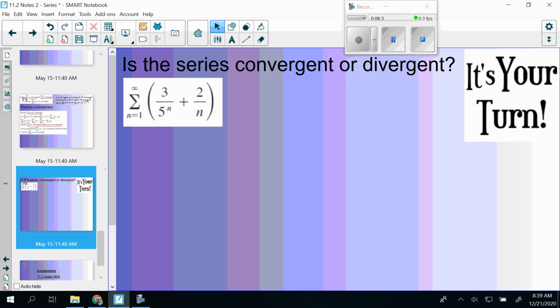Let's look at this one. Is the sum of this series convergent, or is it going to be divergent? Well, let's take out those couple constants here. So let's rewrite this one as 3 times the sum of 1 over 5 to the n.